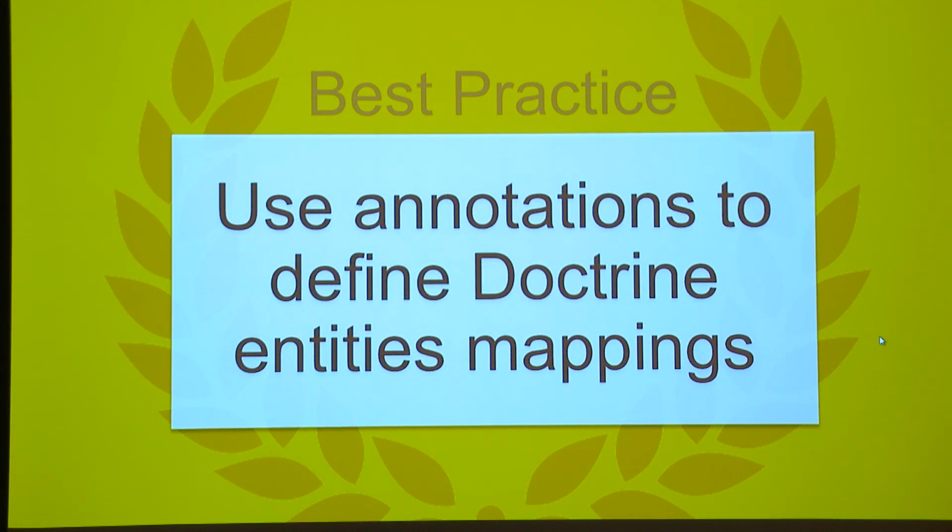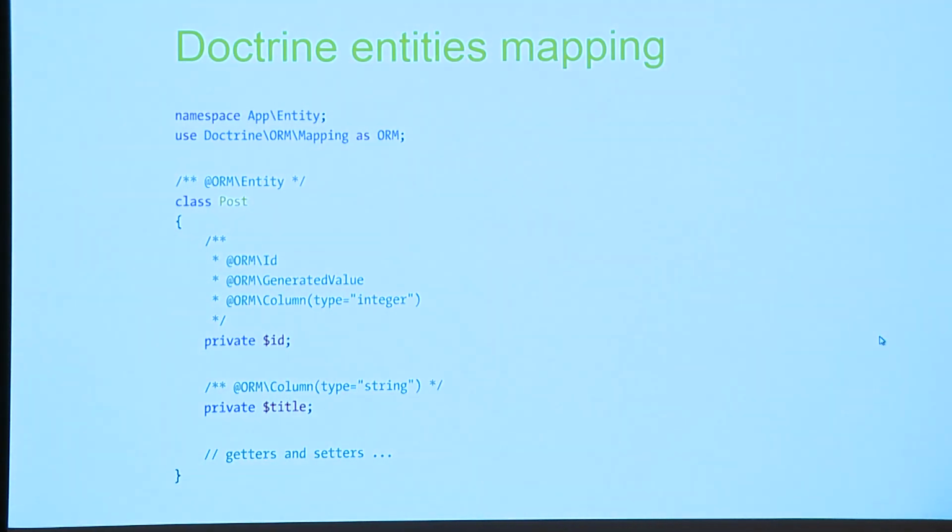If you split it with some XML or PHP mapping declaration in some other file, people will, when opening your project, have to figure out how and why you moved this in another place. So just use annotations. They are nice. They work well. So we did that with the maker bundle generator.